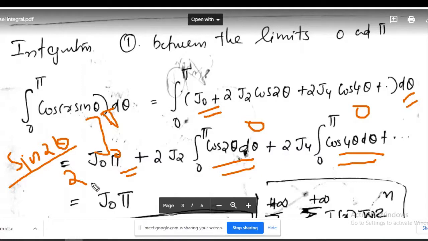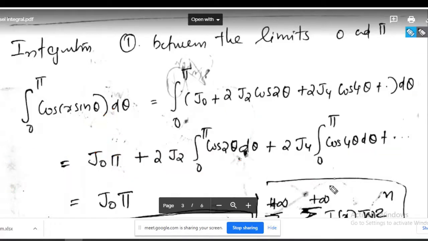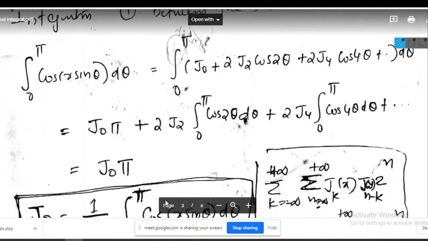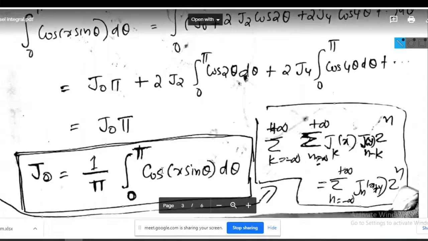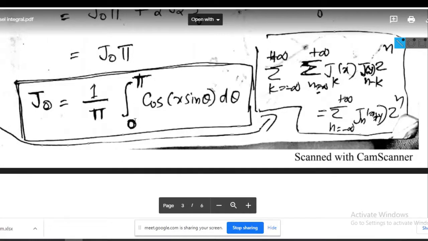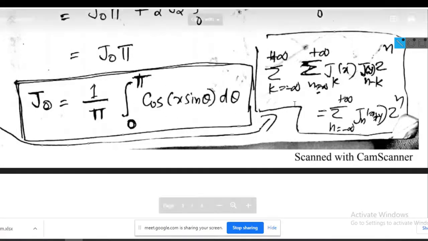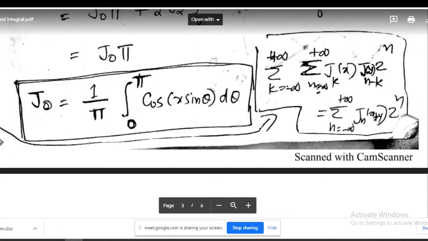So sin 2 pi by 2 minus sin 0, you will be getting 0, here also 0. So all these terms will be zeros. You will be getting only J0 pi, that will be non-zero. So J0 is 1 by pi integral 0 to pi cos(x sin theta) d theta. So we are expressing J0 as an integral.